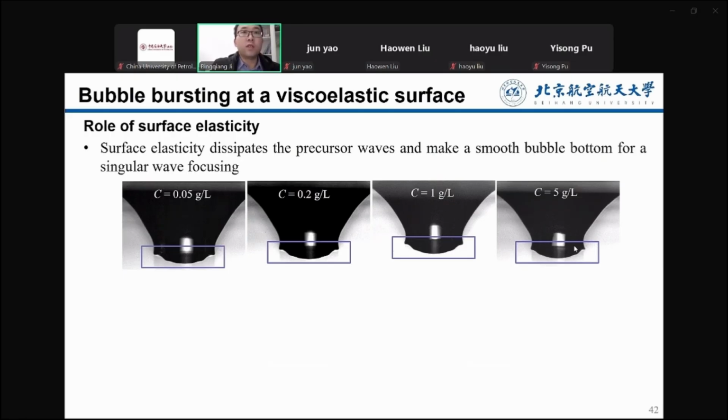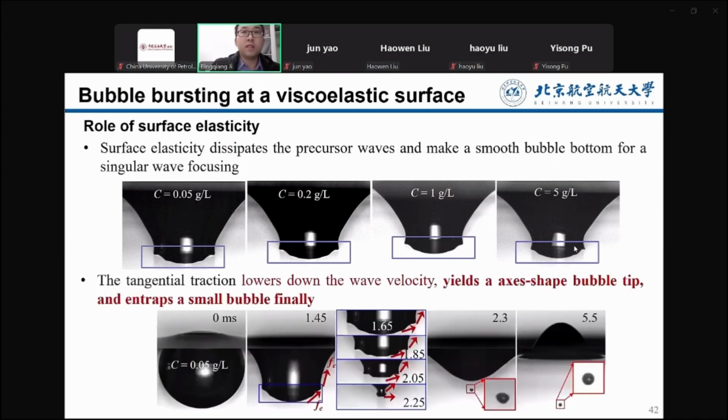So first, the surface dilatation elasticity dissipates the precursor waves. You can see a more and more smooth bubble bottom at a higher protein concentration. This actually helps for the occurrence of singularity. On the other hand, the tangential traction generated by dilatation elasticity slows down the dominant wave, because this force drags the capillary wave, right? And this makes an X-shaped bubble tip.